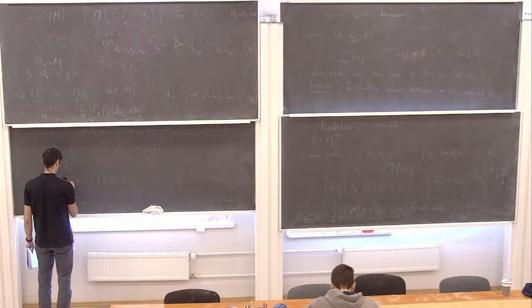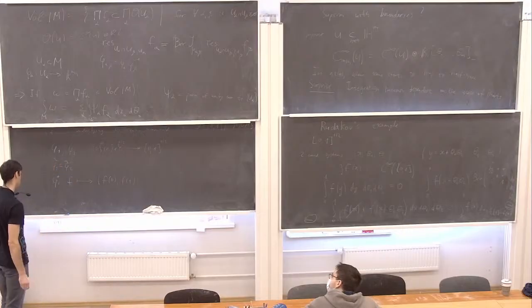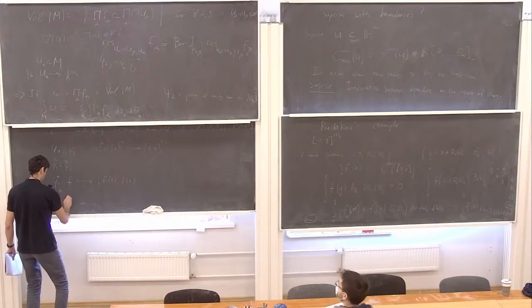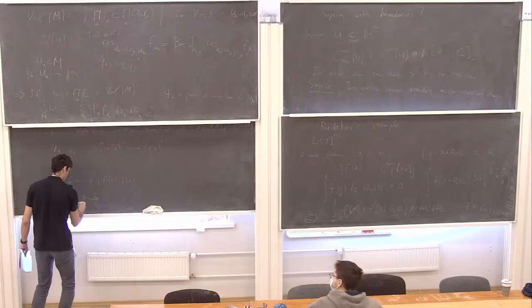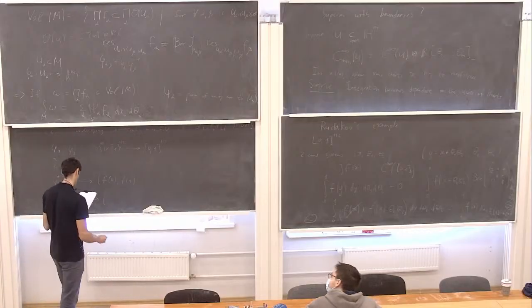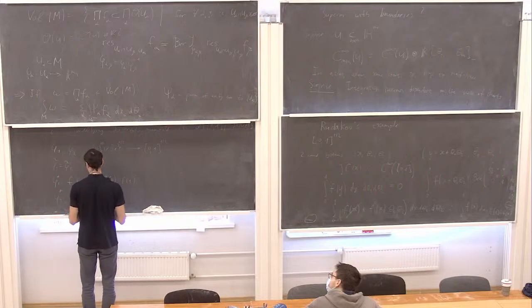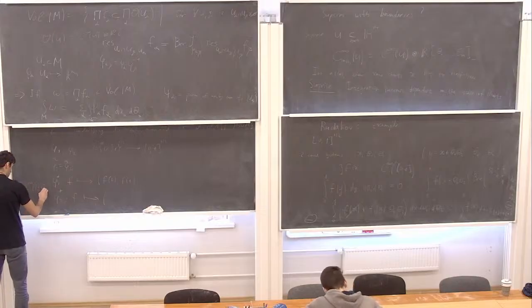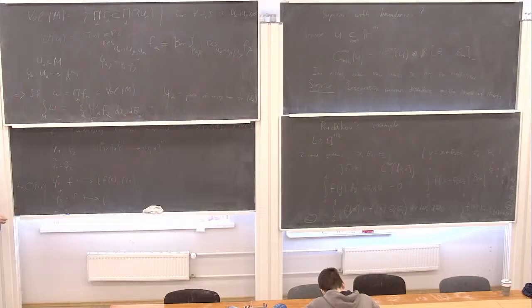And phi 2 star takes f, which I write for f from C infinity of [0, 1], and phi star on theta is just the same on these things.